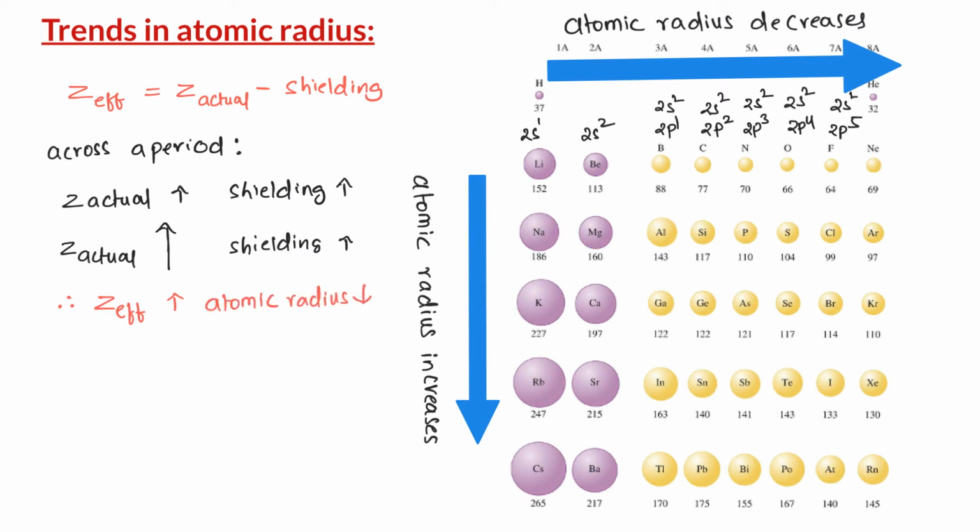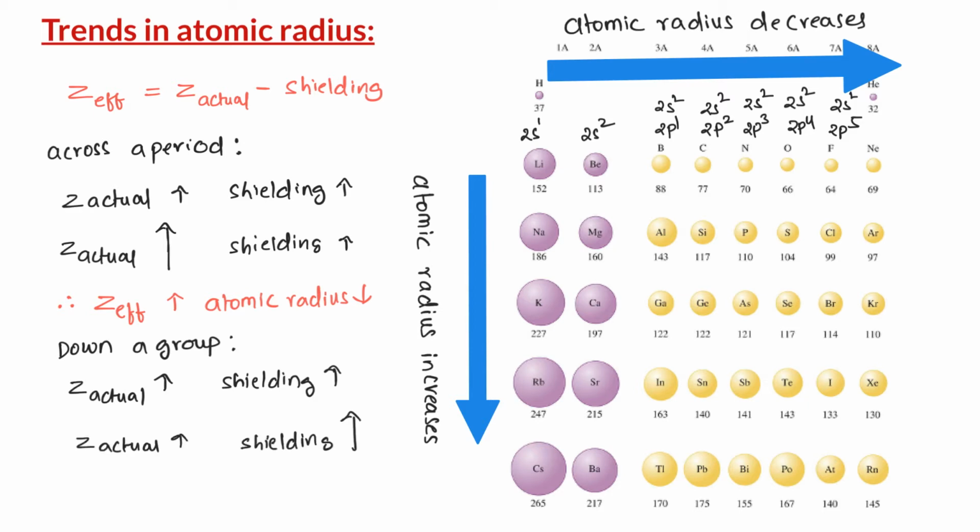When you move down the group, both the nuclear charge and the shielding increase. However, the increase in shielding is more than that of the increase in the nuclear charge.